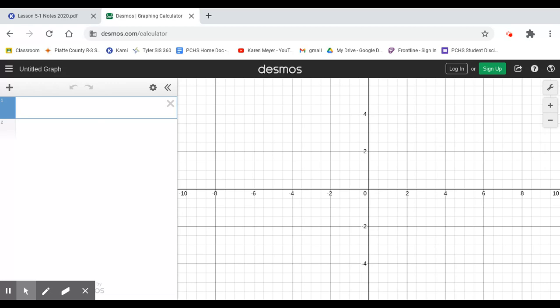Okay, and then we are going to type in, let's see, what does y equal? On our first one, y equals 2 to the x.